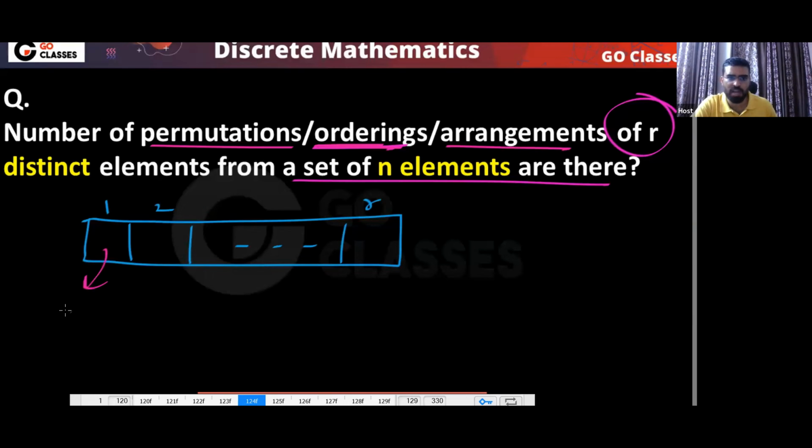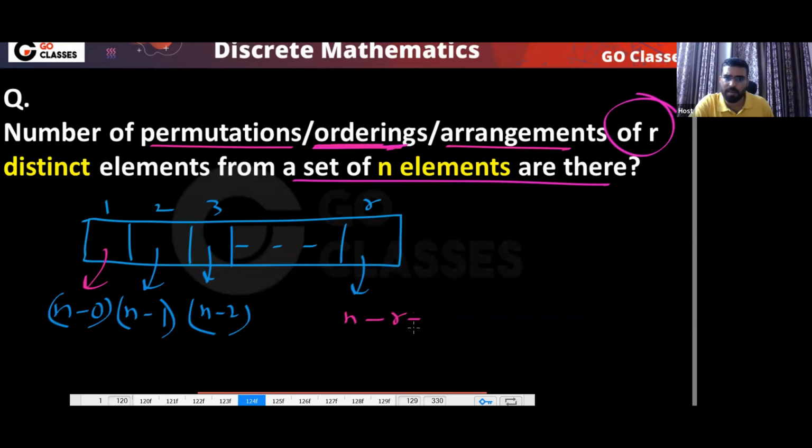For the first position, total n choices. For the second, how many choices? n minus 1 choices. For the first, n minus 0, I can say. For the third, n minus 2. So for the rth, what will happen?